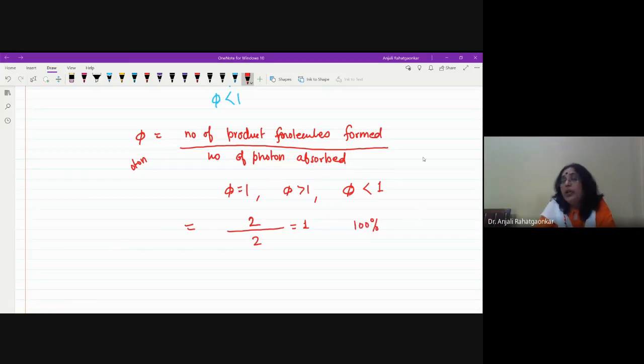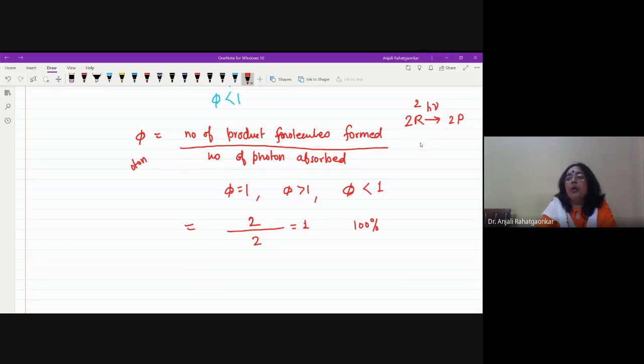You are getting my point? If I am using 2 moles of the reactants, what exactly I am expecting? 2 moles of product, right? So if I am applying 2 photons, in this equation I can put the number of product molecules formed.